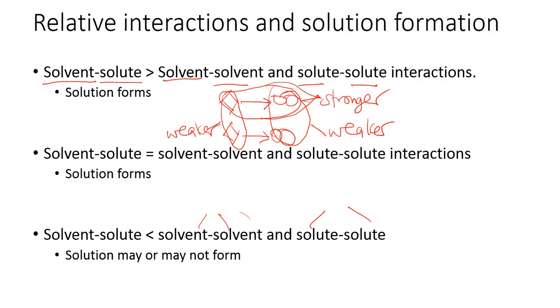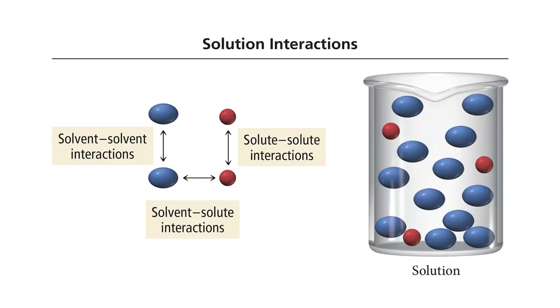So let's take note of these relative interactions in the solution formation. These are the interactions that we are talking about. This is one species interacting, that is solvent-solvent. This is solute-solute interaction, but what we want is a stronger solvent-solute interaction.